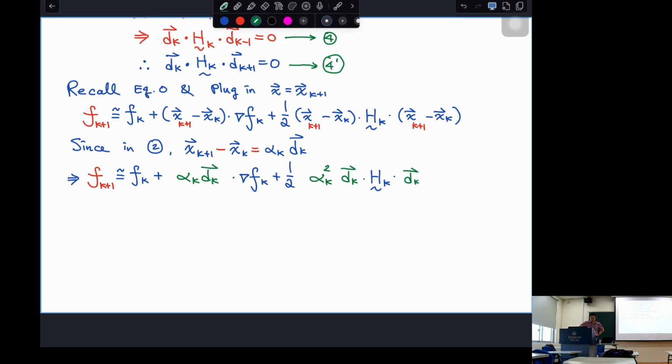And in Newton's method, we always want to perform the first order derivative of a function and make it equal to 0, because that's where we have the extreme point. So we are recalling that concept from Newton's method.